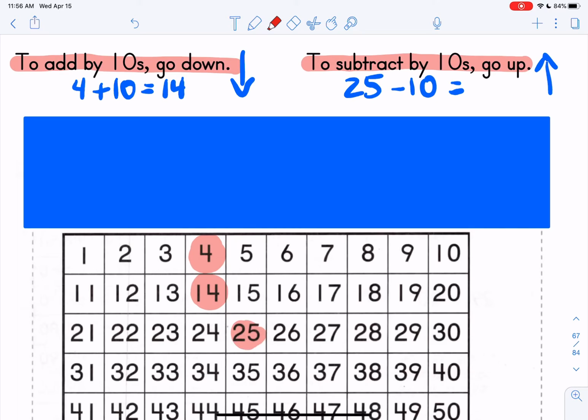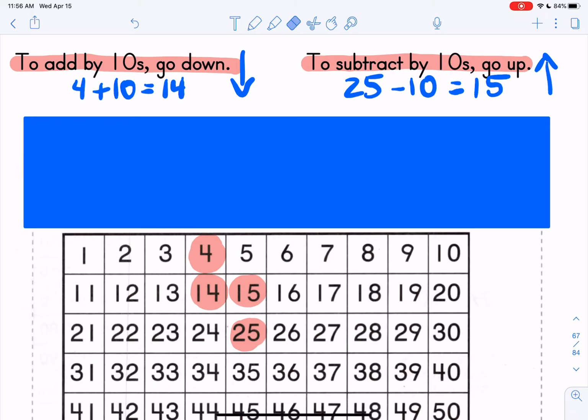Find 25. But now you go up. What's the answer? 15. Now, we're going to do harder and larger problems than that. But remember, when you want to add by groups of 10, you go down. And when you want to subtract by groups of 10, you go up.